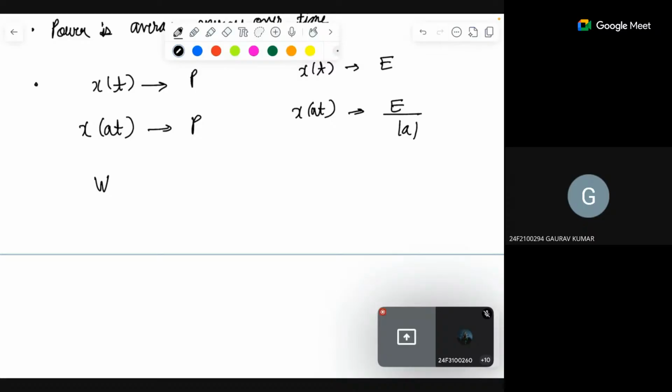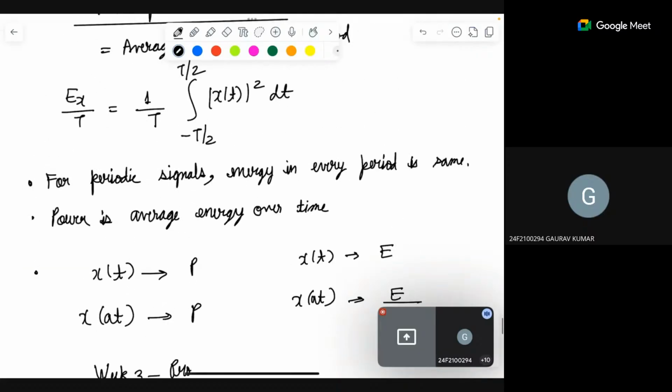Ma'am, you say energy signals. What about sound signals? After some time, sound signals also convert into energy signals. What is the difference between energy signals and sound signals? Well, essentially all our real life signals are of finite length. I am talking about energy signals.